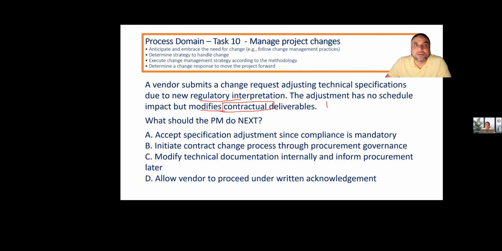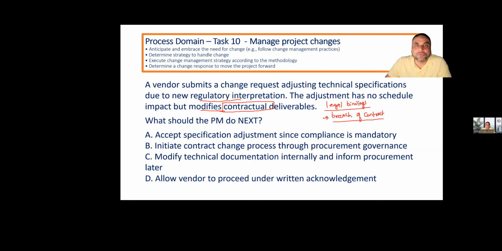Contracts are legally binding. You are doing a breach of contract. Use the right terminology: breach of contract. Violation is also good, but as per PMI, they use the words breach of contract.